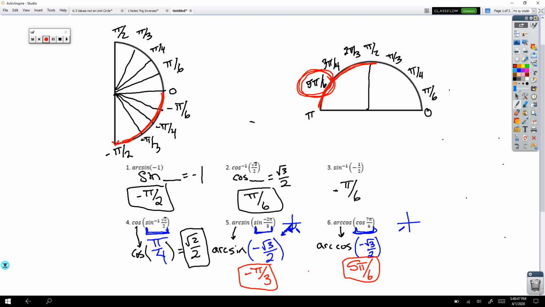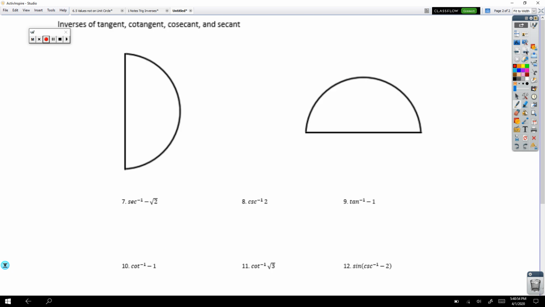Alright, so that's finding the inverse of sine and cosine, but those aren't the only trig functions we have. So let's look at finding the inverses of the other ones. Now the nice thing is we're going to use the same half circles. Your job is just to remember which half circles go with which inverse trig functions.